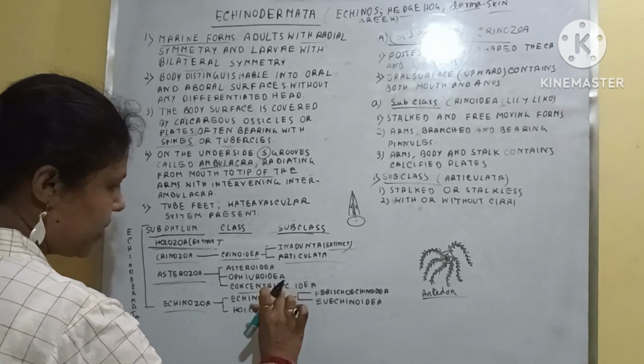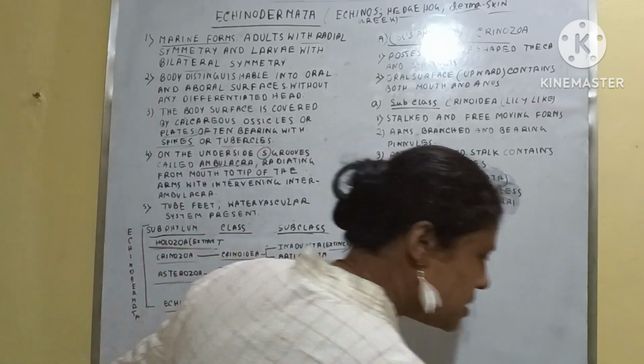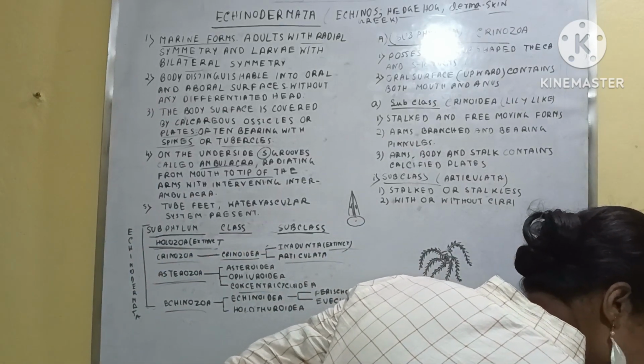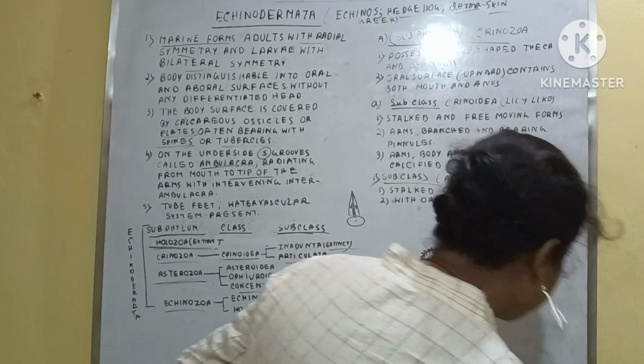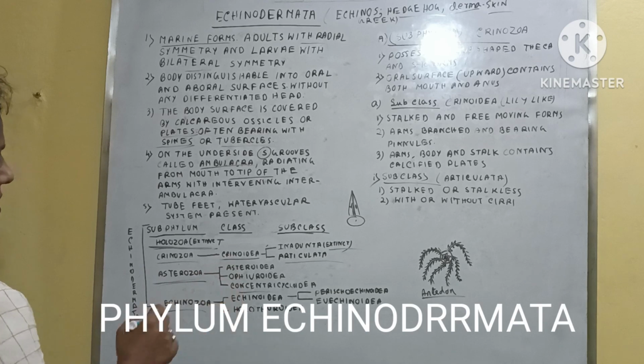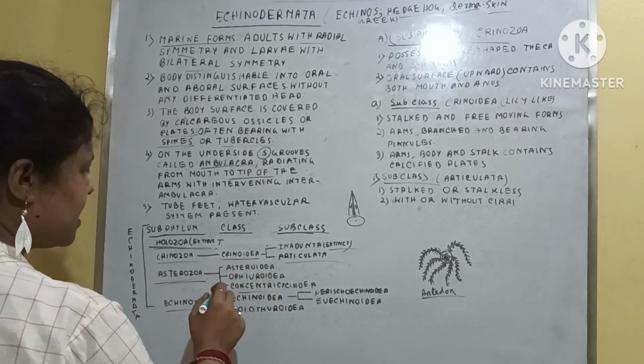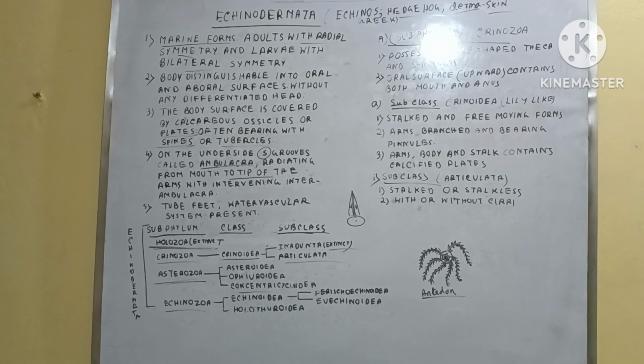Okay, cycloidea. L then O. Okay, so Asterozoa has three classes. One is Asteroidea, second one is the Ophiuroidea, and third one is the Concentricycloidea.